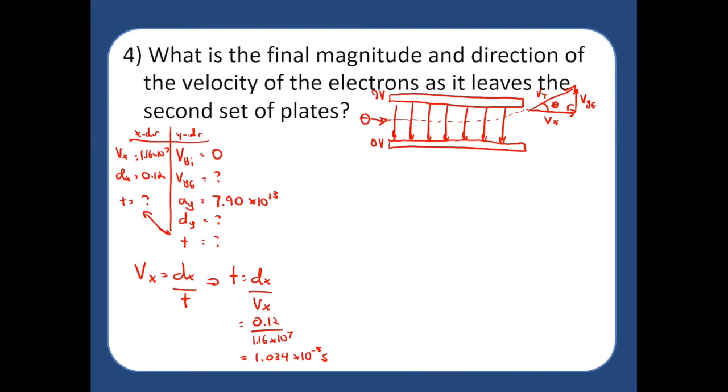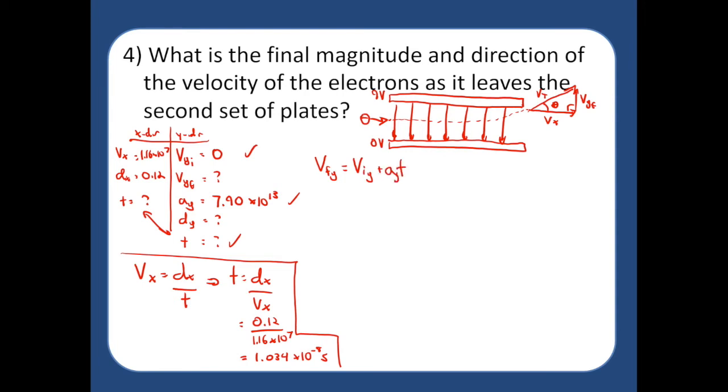So now that we've finished our horizontal motion, we're going to go ahead and deal with our y direction motion. And we see that I now have time, I now have acceleration, and I now have my initial velocity in the y. There is a straightforward equation I can use to get my final velocity in the y, and that's Vf is equal to Vi plus At.